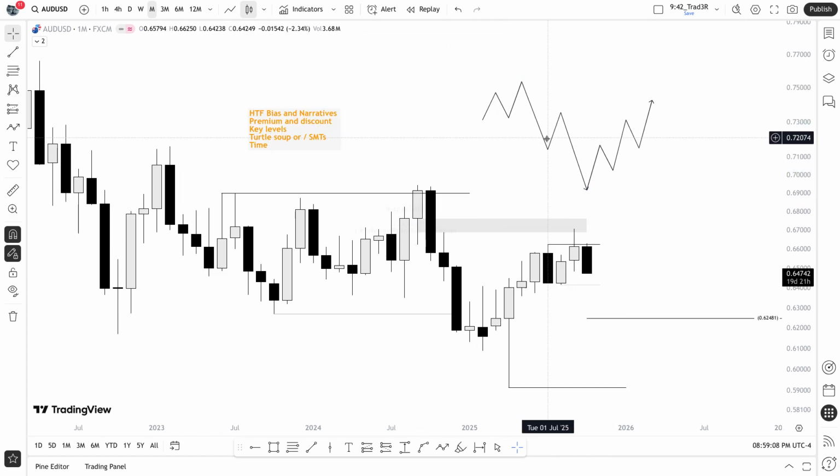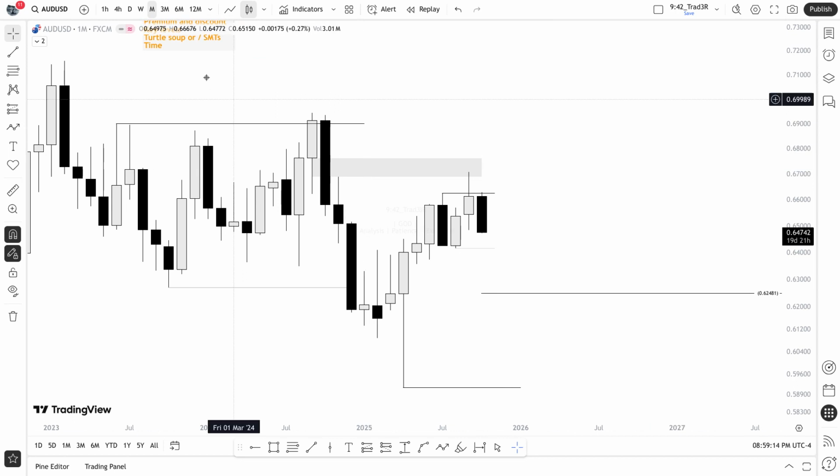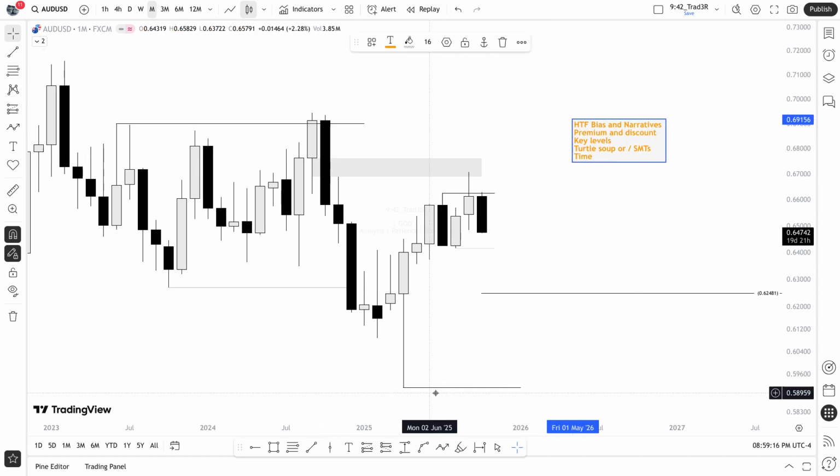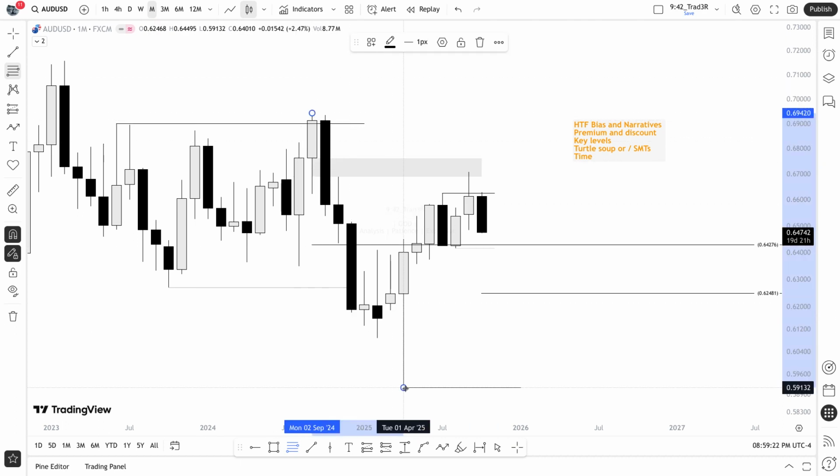With that said, now let's look at the weekly chart. But before going to the weekly chart, on the monthly, from this high to the lows, we are in what? Premium. You can see this black line is the 50% of this high to this low.